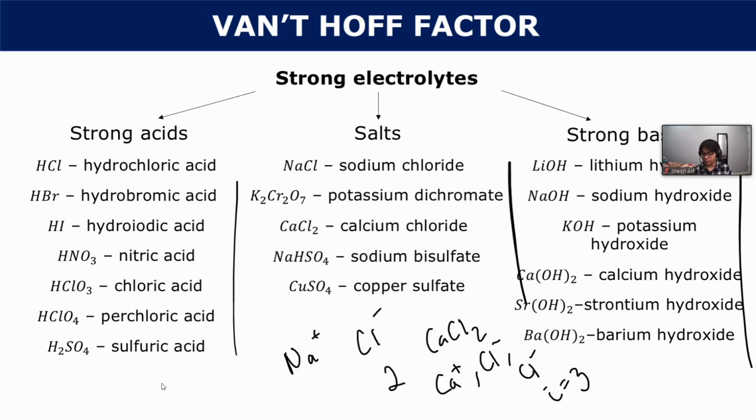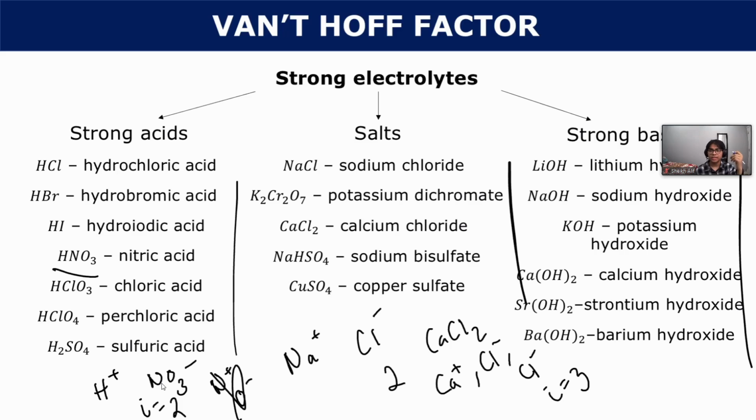I guess also this is where it comes in handy to know your common polyatomic ions, like HNO3, right? HNO3 is going to break up into H plus and NO3 minus. It's not going to break up into N plus and then O minus or whatever. It won't do that. You have a polyatomic ion, nitrate, and then you have hydrogen. So your Van Hoff factor is going to equal 2.